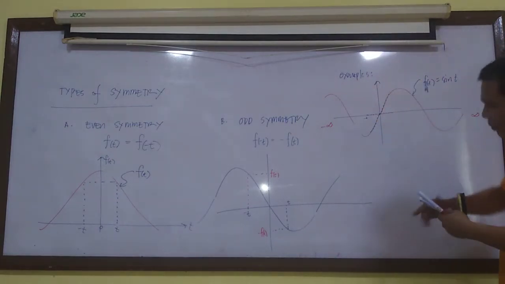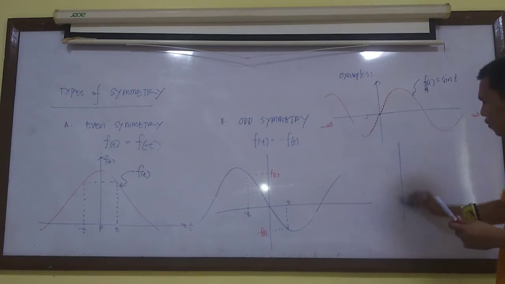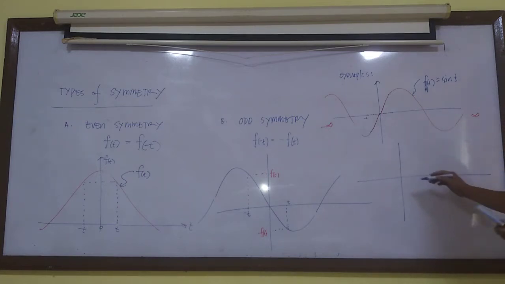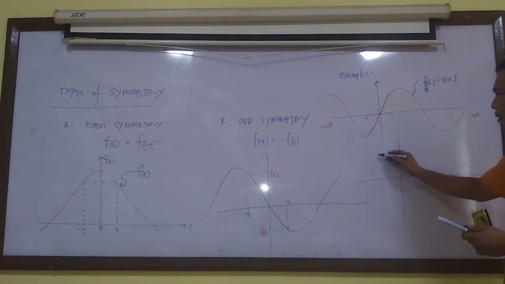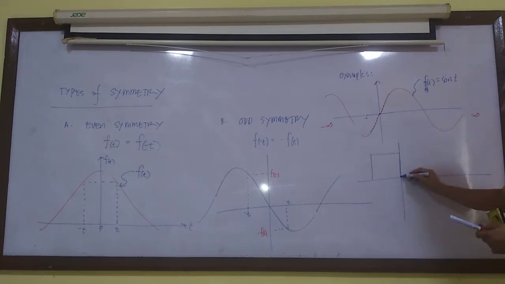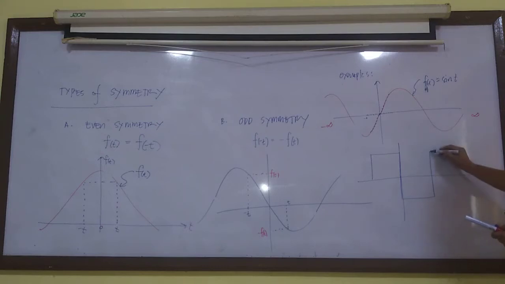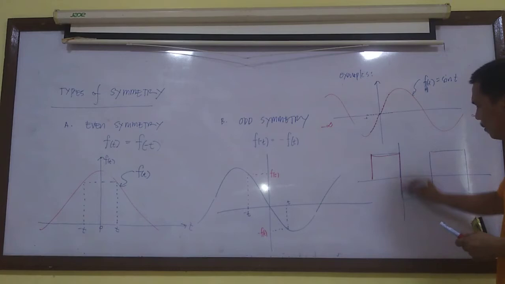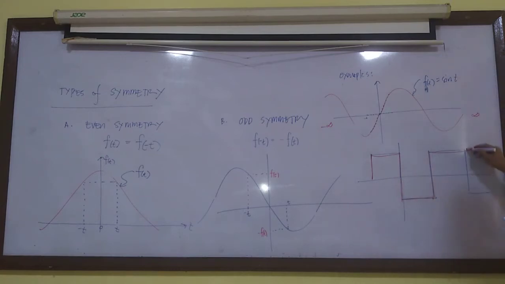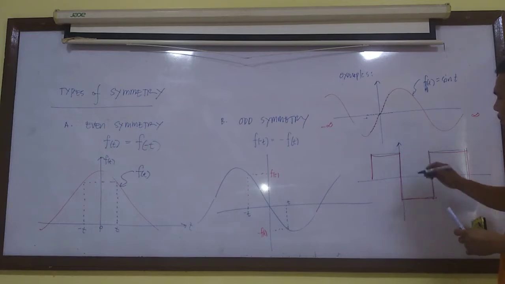Another type of symmetry using the square wave is this function. Let's say I have here this waveform. Let's color it red. This is my odd symmetry square wave.